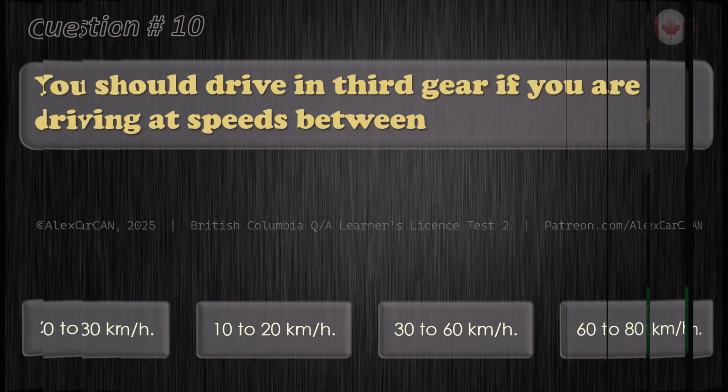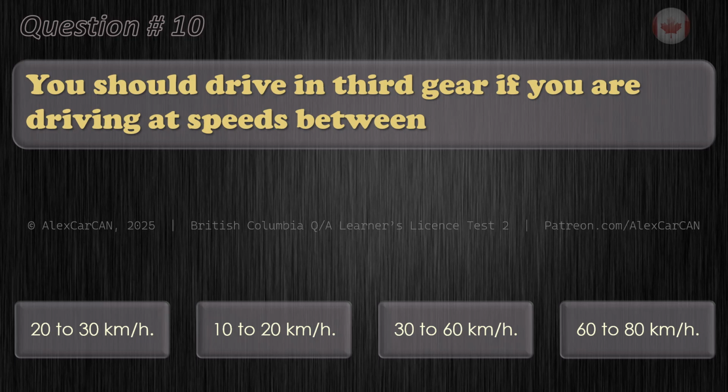Question number 10. You should drive in third gear if you are driving at speeds between 20 to 30 kilometers per hour, 10 to 20 kilometers per hour, 30 to 60 kilometers per hour, 60 to 80 kilometers per hour. The correct answer is 30 to 60 kilometers per hour.